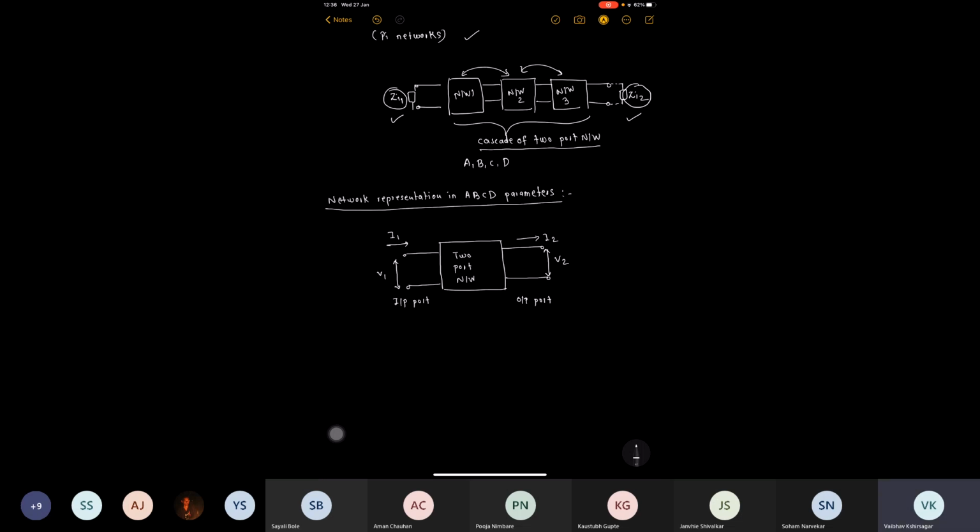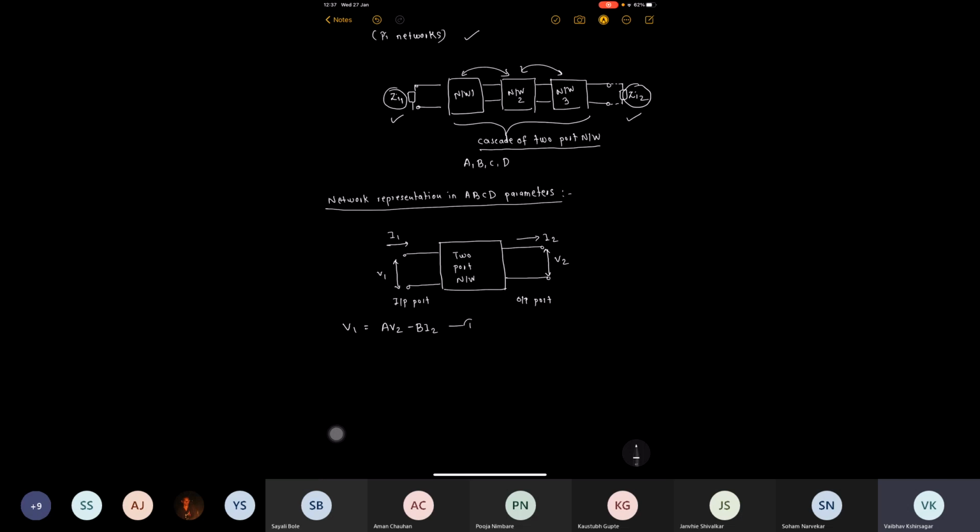So what are ABCD parameters? ABCD parameters let us express voltage and current at one port with respect to voltage and current at the other port. If we use ABCD parameters, how can we express the voltage V1? Voltage V1 is given as A times voltage at port number 2 minus B times current at port number 2.